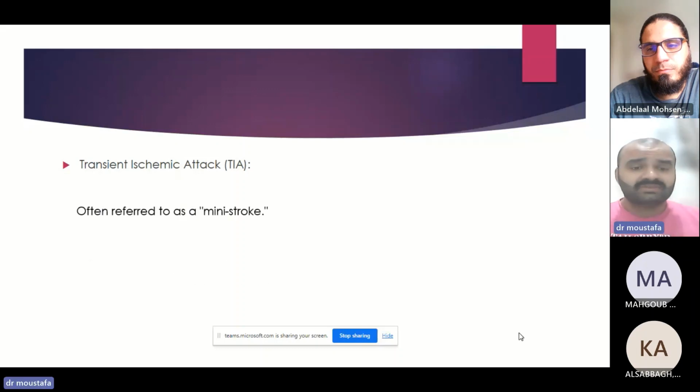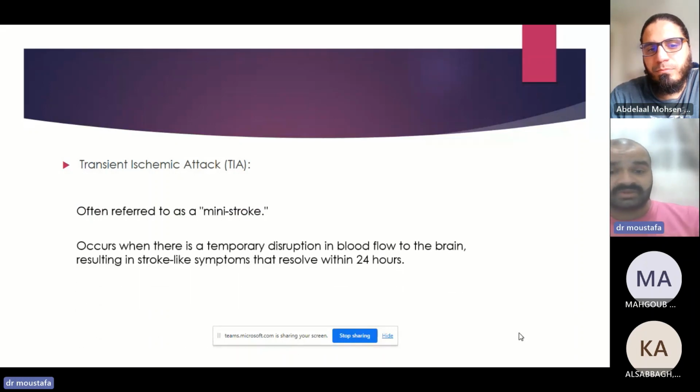So what is the difference between transient ischemic attack and stroke? As I told you, it's a mini stroke. It may have the same symptoms, but it resolves within 24 hours only. So it's a temporary stroke, a temporary disruption in the blood flow to the brain.